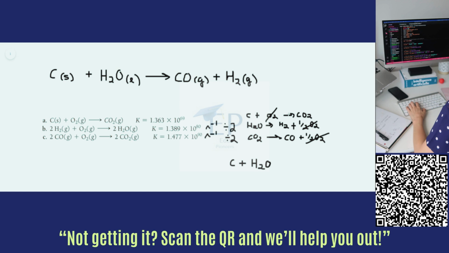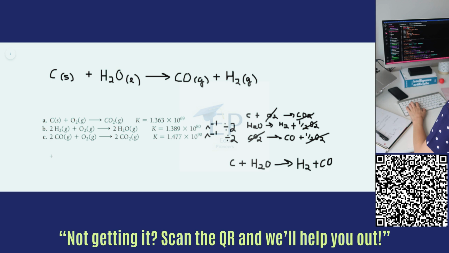And we have carbon dioxide that's in the reactants and the products. It cancels out. And then we're left with just hydrogen and carbon monoxide in the products. And this is just what the total equation looks like. So these alterations were correct.